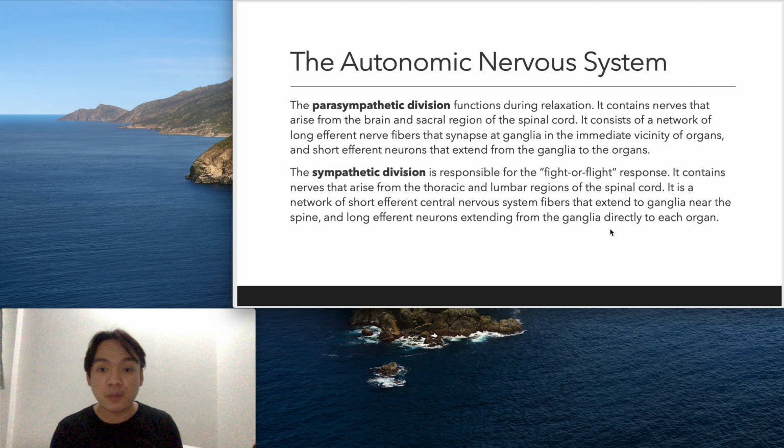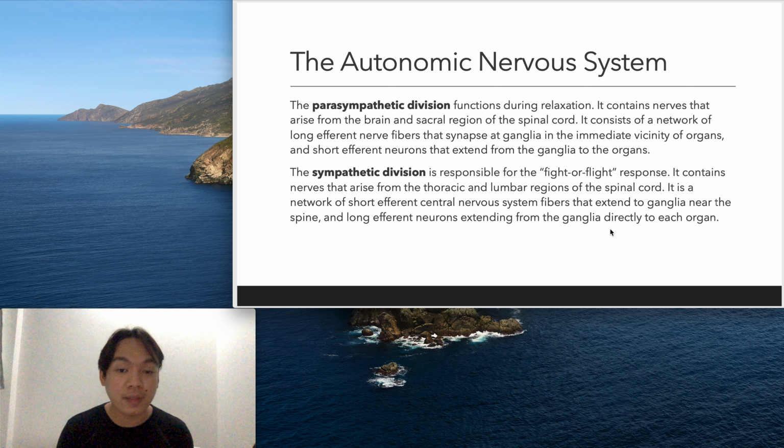It functions during relaxation. Okay, it contains nerves that arise from the brain and the sacral region of your spinal cord, and it consists of a network of long efferent nerve fibers that synapse at ganglia in the immediate vicinity of the organs, and short efferent neurons that extend from the ganglia to the organs.